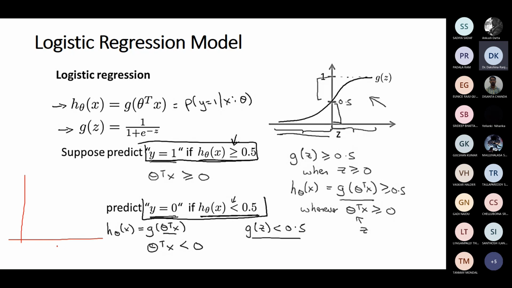Suppose this is our theta t x. Along the x-axis we represent theta t x, and this is our g of theta t x.